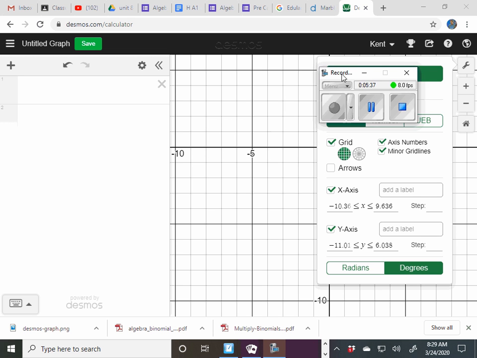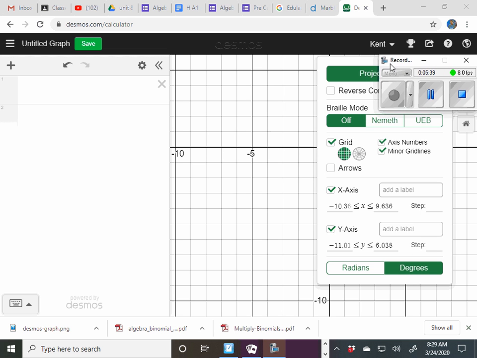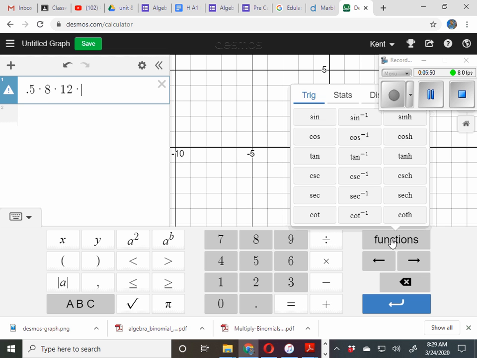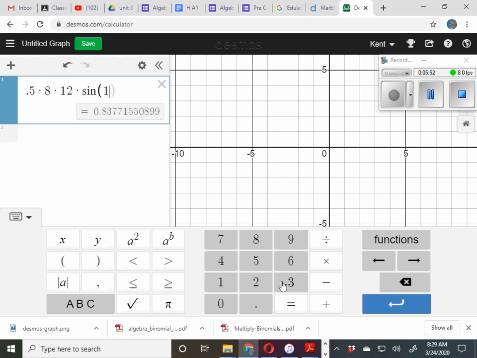As long as I'm in degree mode now, I can just plug in 1.5 times 8 times 12 times the sine of 135, and notice that it automatically gives you the answer as you're going.